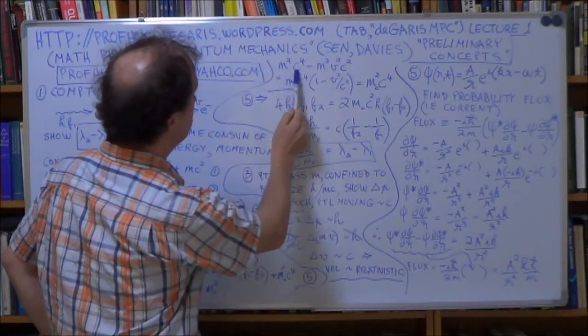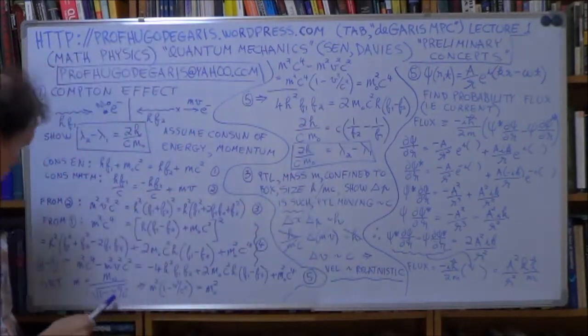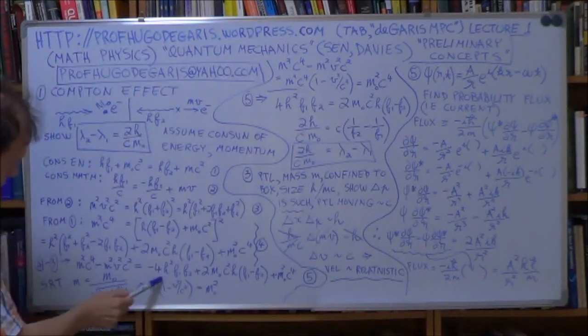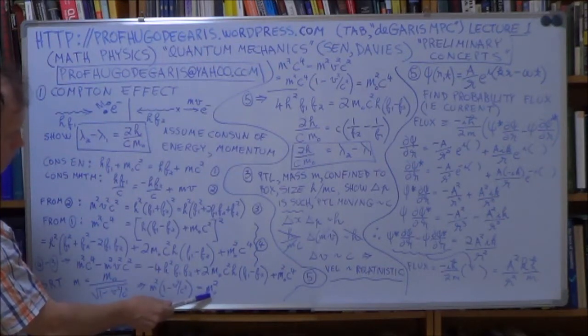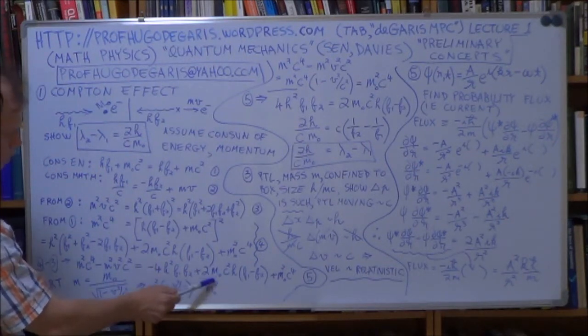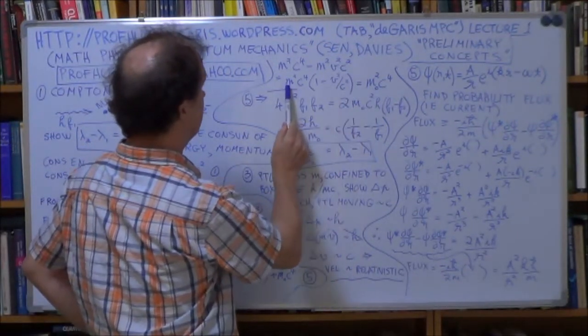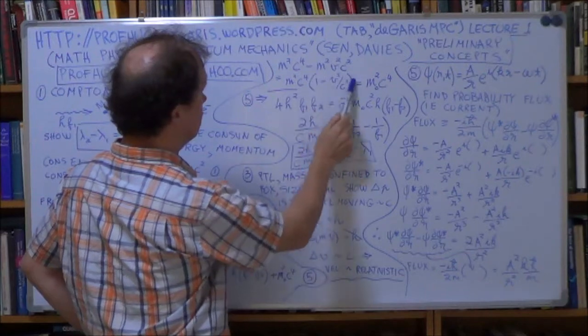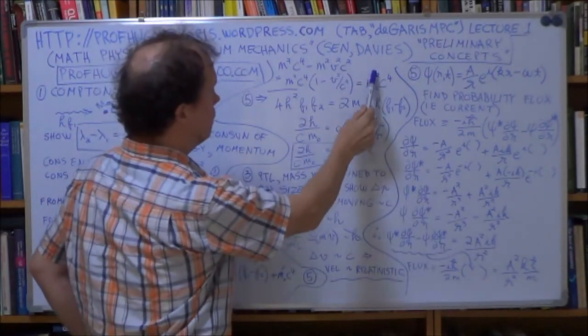So now here you've got m squared times 1 minus v squared over c squared, which is just this term here. So instead substitute m0 c squared, the square of the rest mass, for this m squared and this term here.